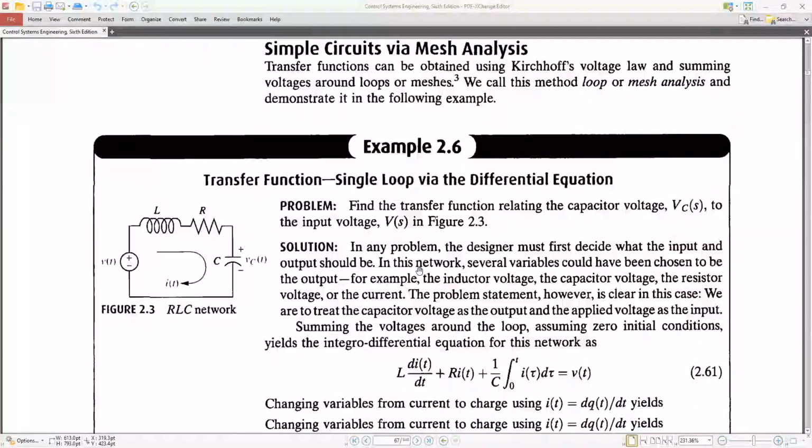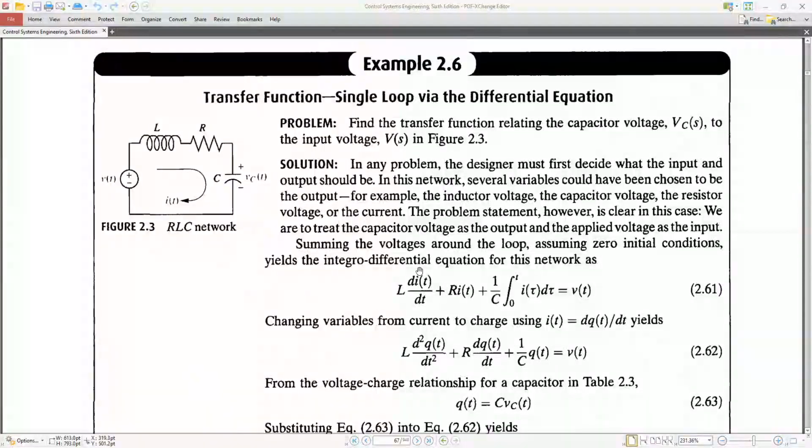Simple circuits have mesh analysis. So they have shown you some examples. Let me show you some examples here. In figure C, here is the circuit diagram. That is the RLC circuit.